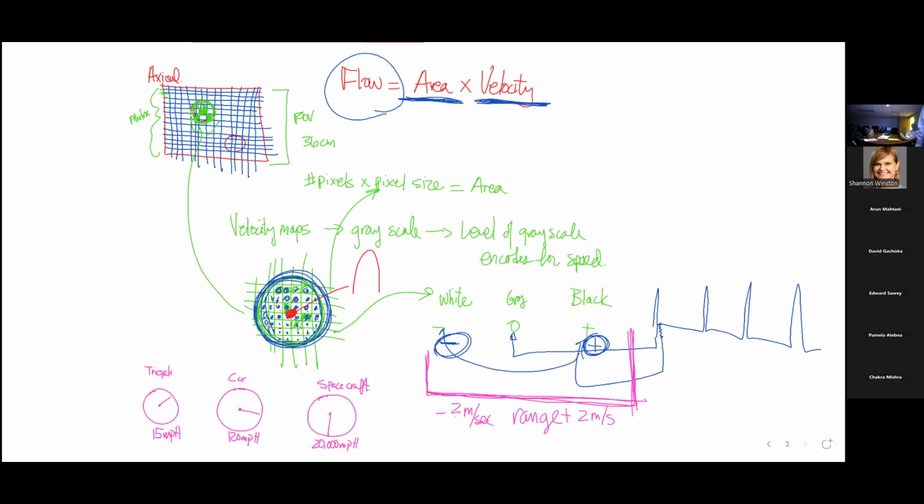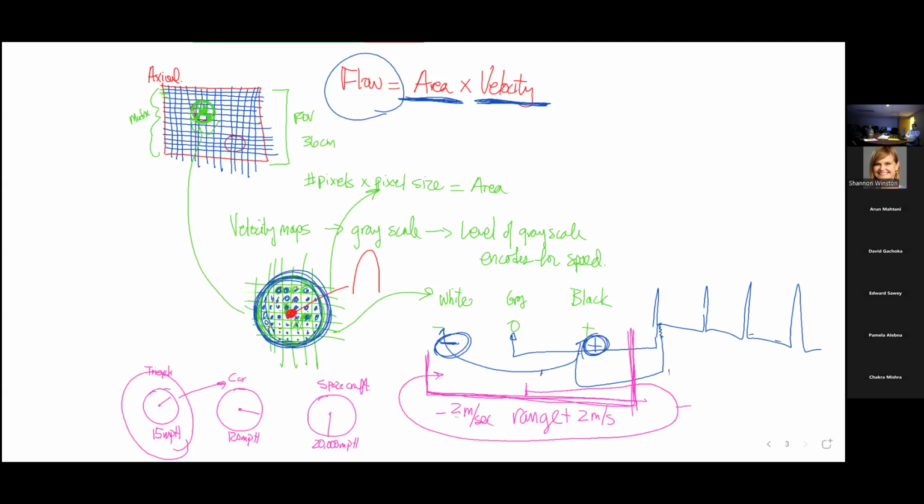Okay. And so what's important is that when you think about measuring blood flow with MRI, you have to be thinking about the range, because if you put the tricycle speedometer on a car, what's going to happen is you start here and you're going to go around past the positive, and it's going to wrap and come back around the negative.